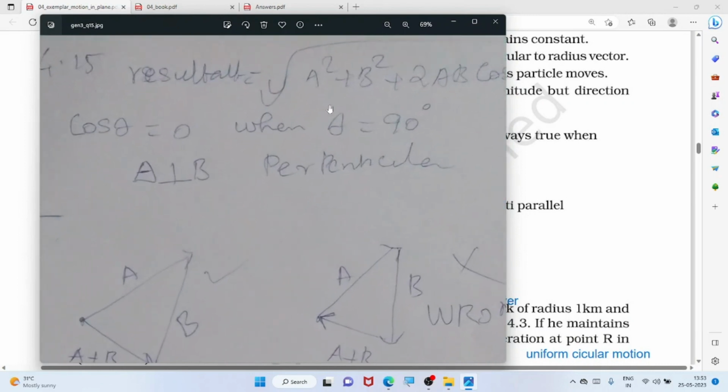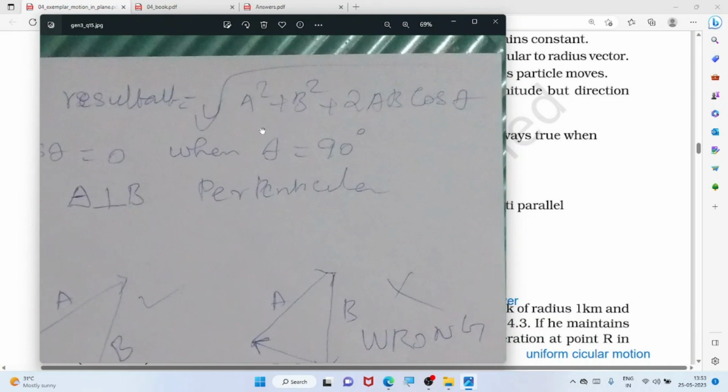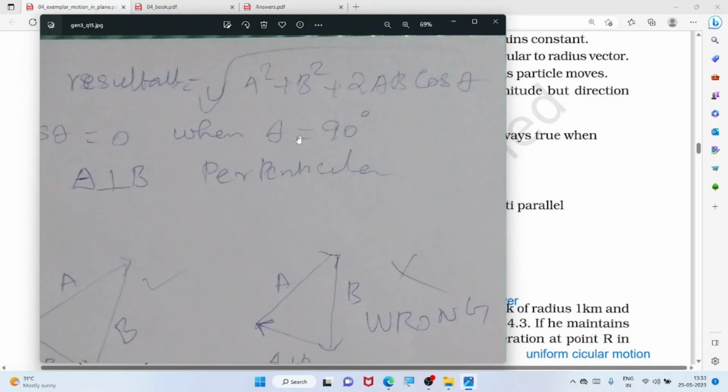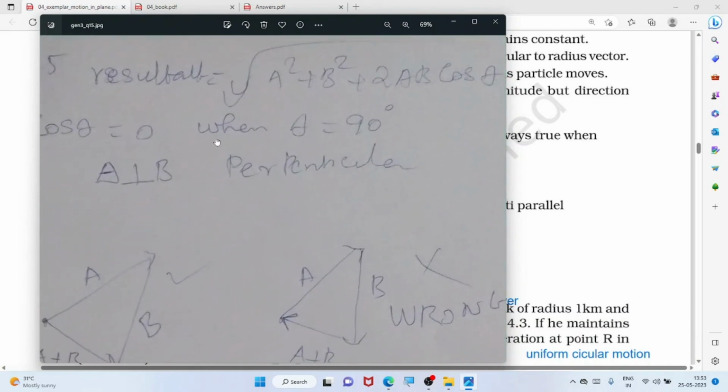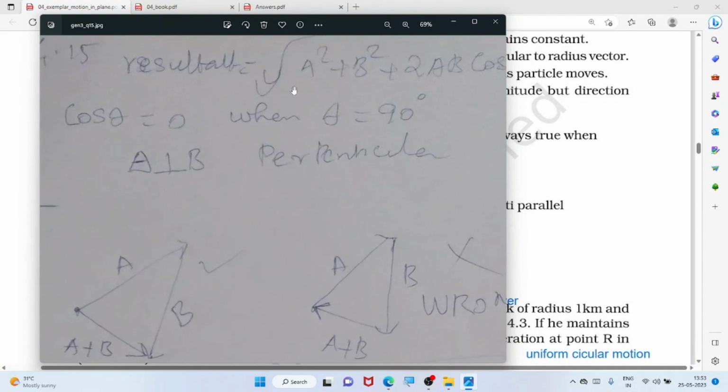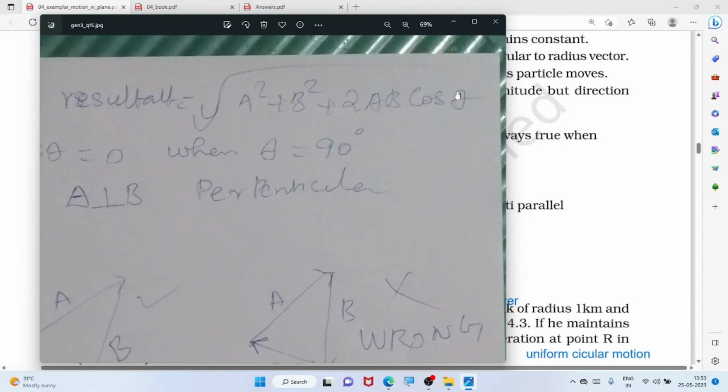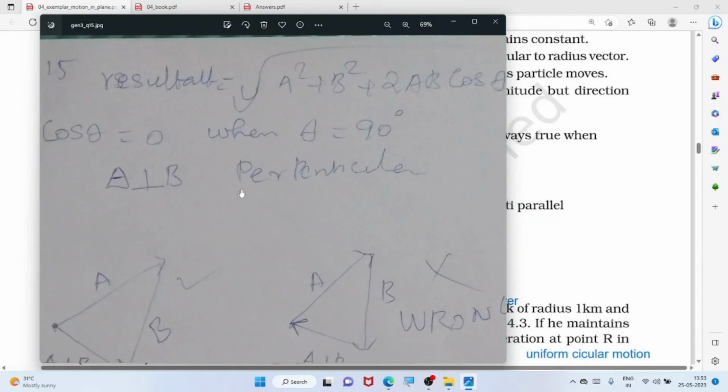So now if we say a square plus b square plus 2ab cos theta, so when theta is 90 and cos 90 is 0, then this term will be 0. Okay, this cos of 90 is 0, then this term will be 0. So that is if a and b are perpendicular.